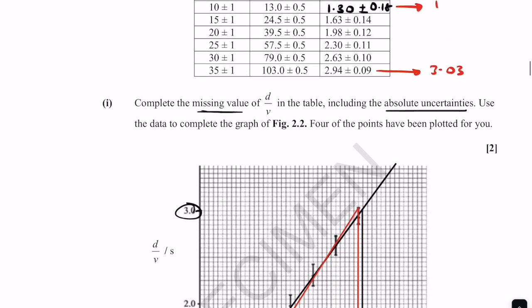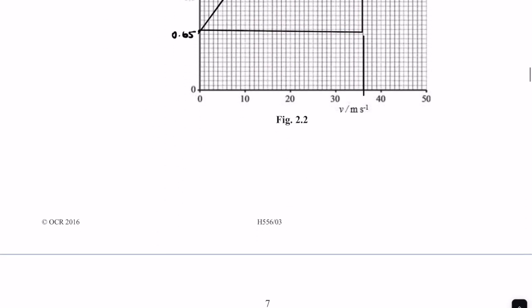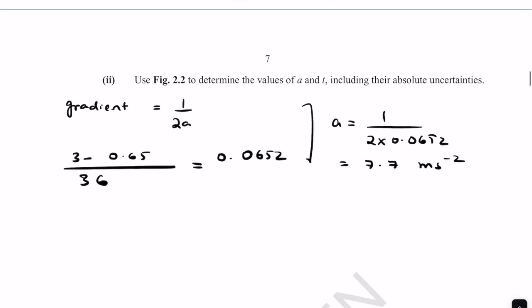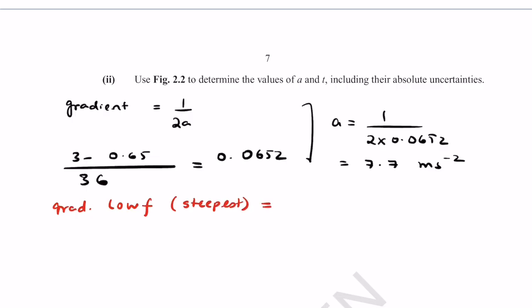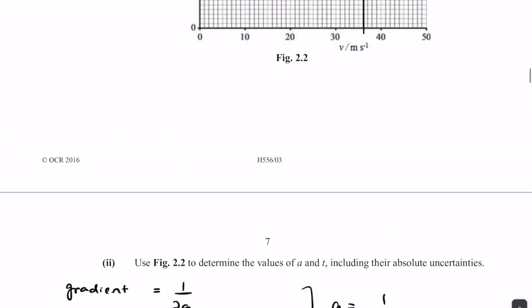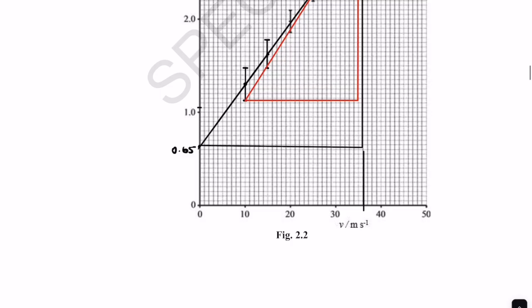So it's kind of nice. I will try to get as accurate as possible from that. So the gradient of the line of worst fit, I'm doing the steepest line, and that is simply 3.03 minus 1.12 over the x-axis, which is just 35.